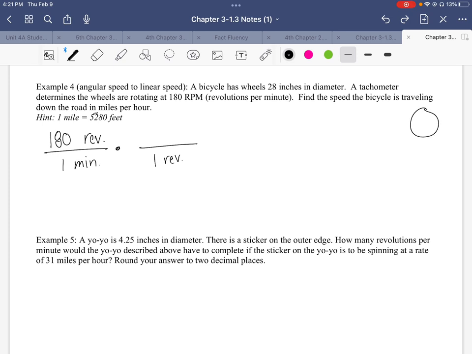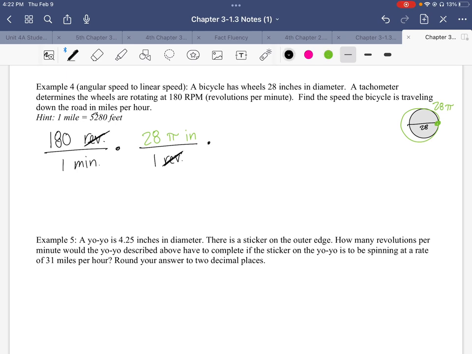So if we have this bicycle tire that has a 28-inch diameter, then if we measure from here all the way around the circle, the circumference of that would be 28 pi, right? So 28 pi inches is per 1 revolution. 1 circumference around is 28 pi. Okay. And so that would cancel our revolutions. That's good. That's what we wanted.